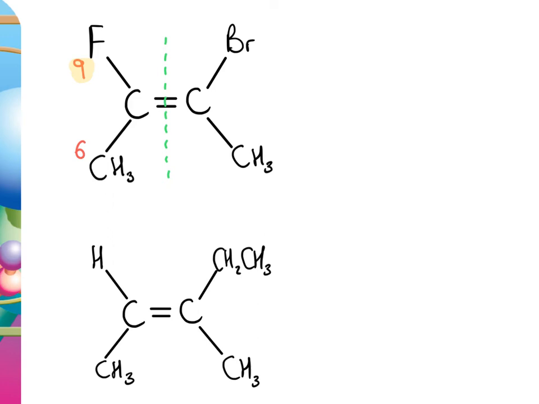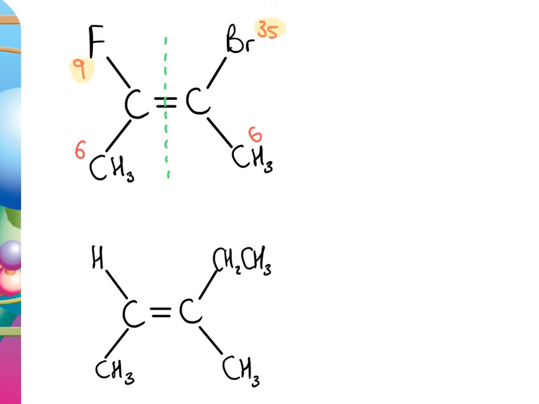If we look at the right-hand carbon, the atomic number of bromine is 35, and the atomic number of carbon is 6. So if we consider which of those has the higher priority, clearly 35 has the higher priority than 6.